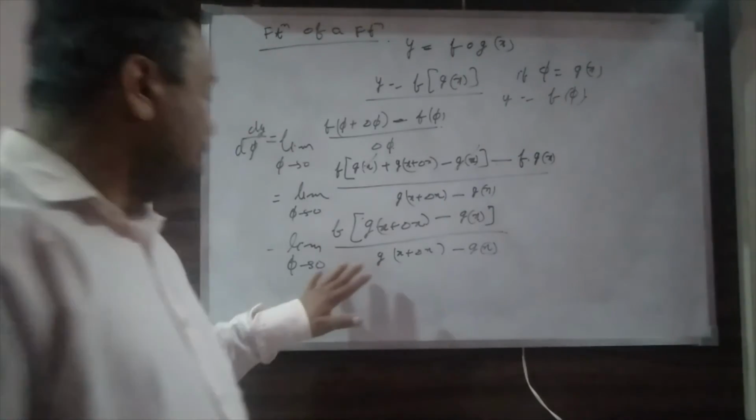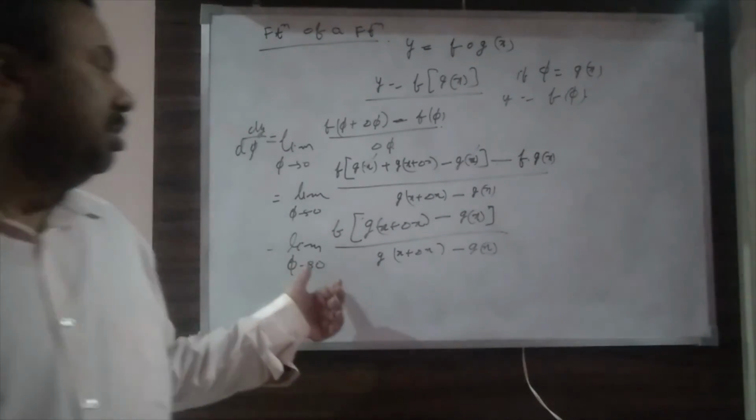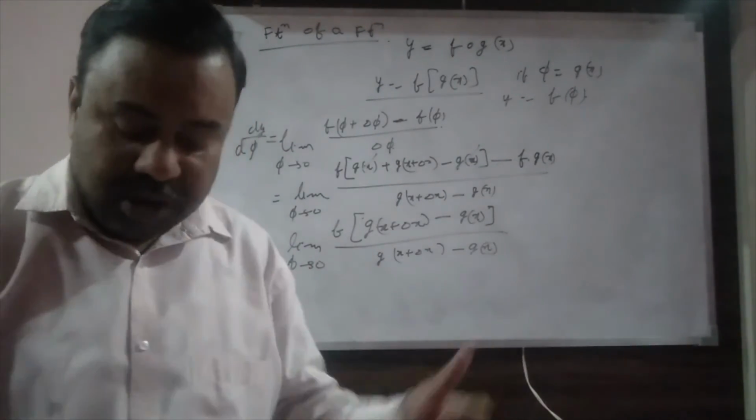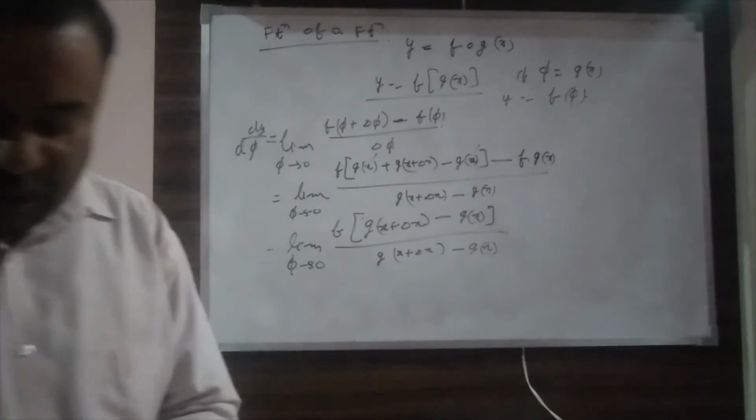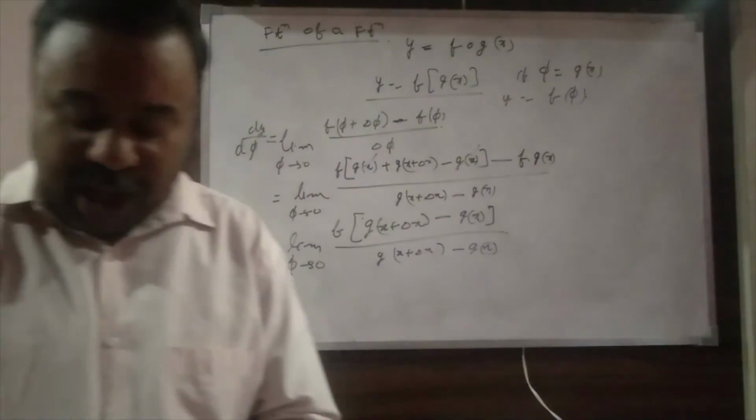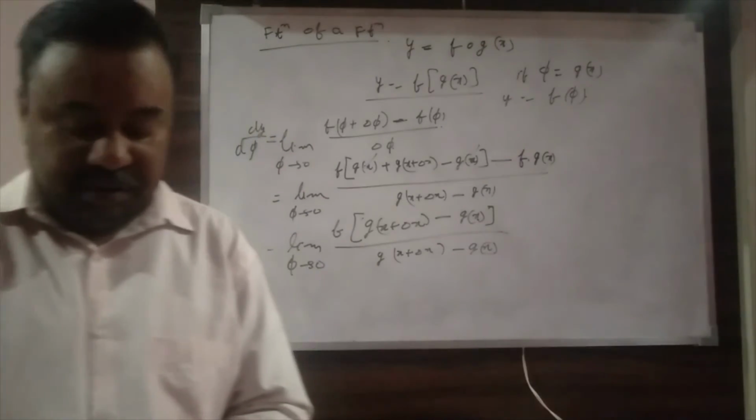g x plus delta x minus gx. Now, since phi is tending towards 0, that means this is also. Now, what I will do is I will multiply and divide.